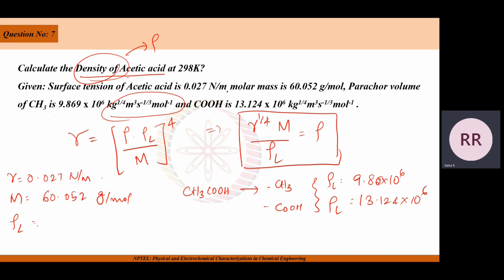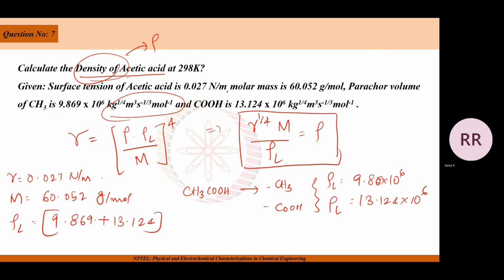Now we can calculate the parachor volume to be 9.869 plus 13.124 times 10 to the power 6.